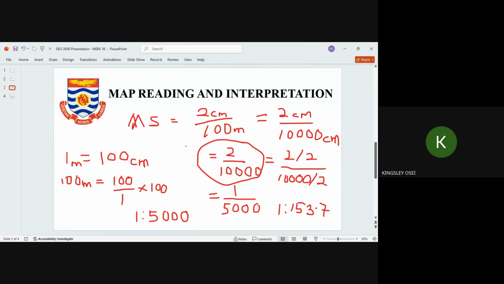What is the corresponding RF scale for a statement scale stated as 4 centimeters on the map represents 5 kilometers?